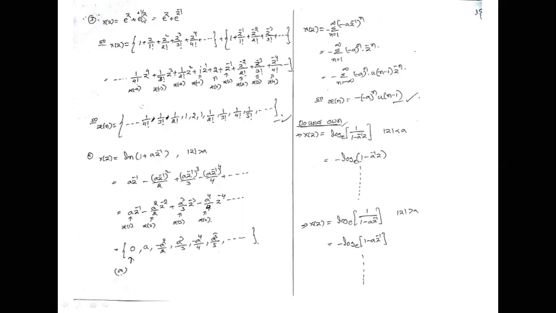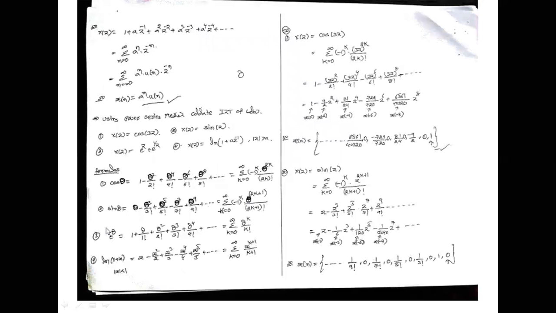So 1 plus, e power z whole power k, where k is equal to 0. Anything power 0 is 1. And then z by 1 factorial, and z square by 2 factorial, and z cube by 3 factorial.